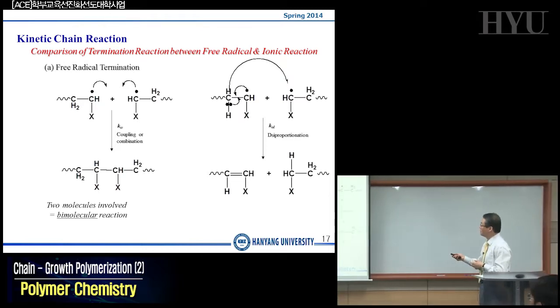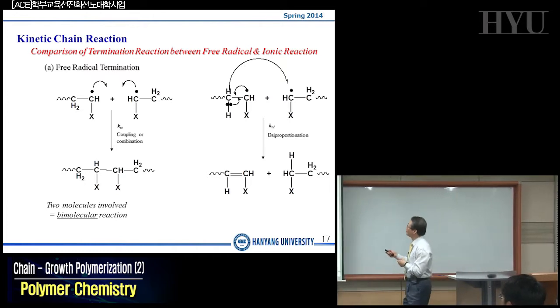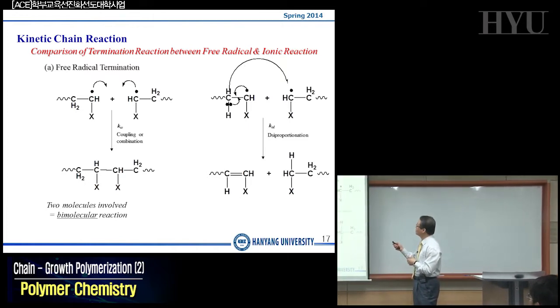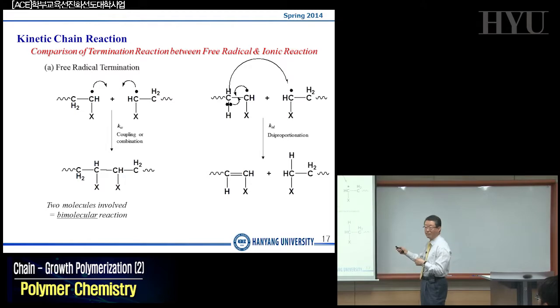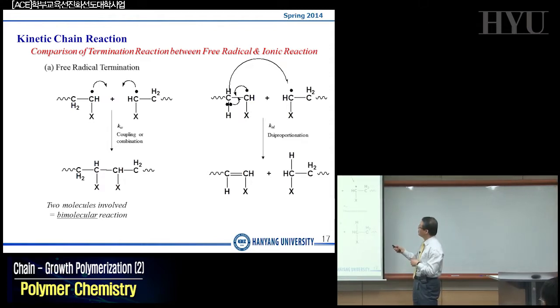Whereas in the disproportionation reactions, we have one radical and a second radical, so it is also a bimolecular reaction. But disproportionation is different from coupling because two growing chains, two kinetic chains, become two physical chains.